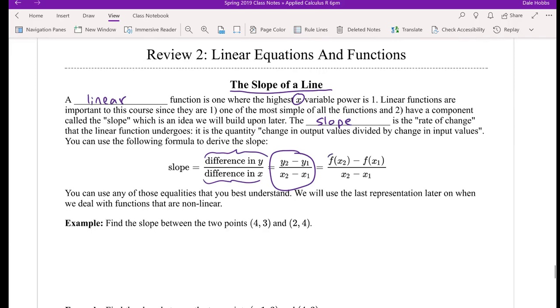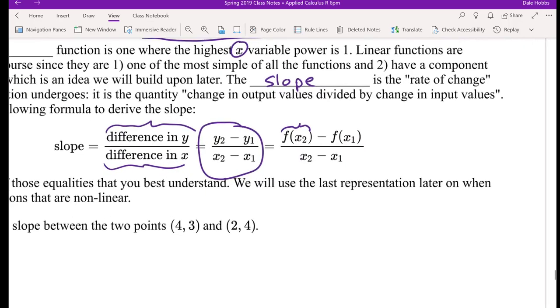If you look at the f of x2 right there, it's basically like, what is the output when you put x2 in. So remember, x2 is going to be your input, and this f of x2 would be your output, or your y value from your function.